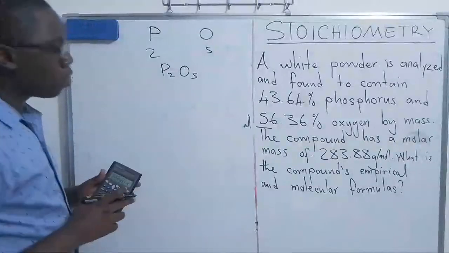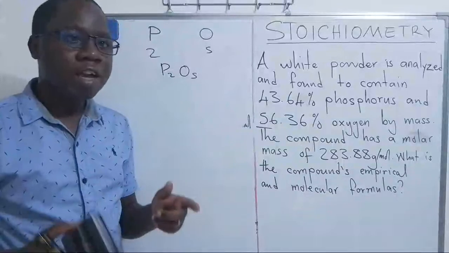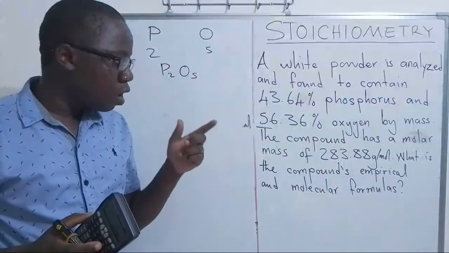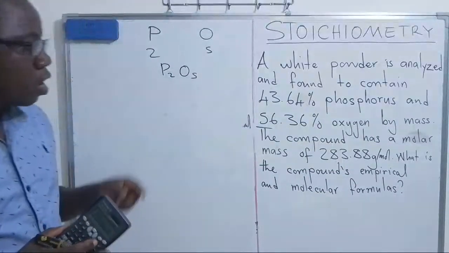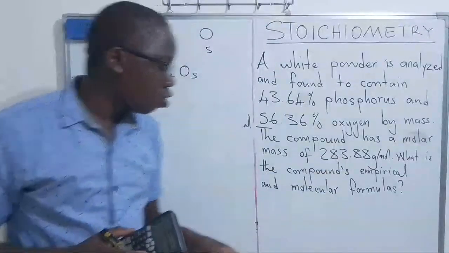Now, after you have this empirical formula, the next thing you need to do is to find the molecular formula. For that, we have already been given the molar mass of the molecule.